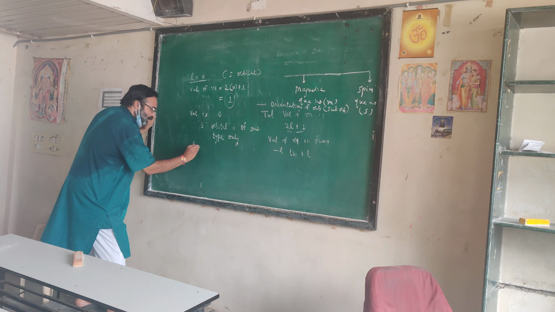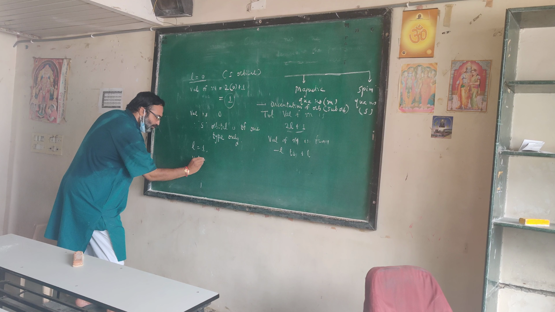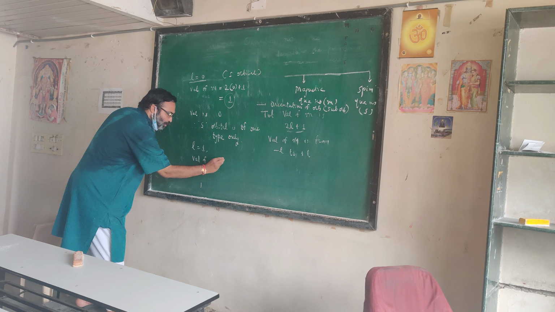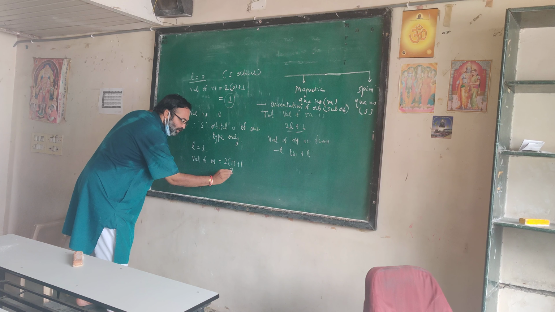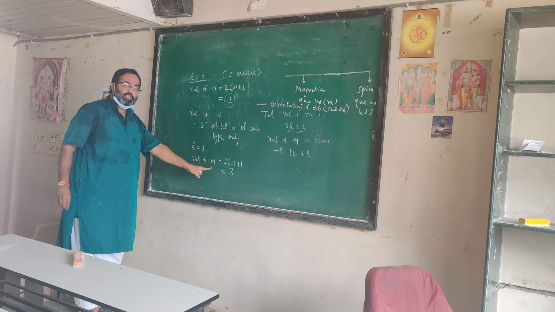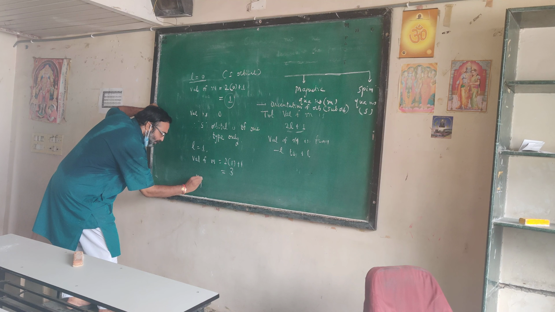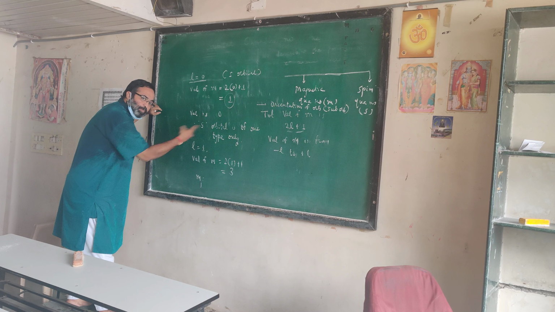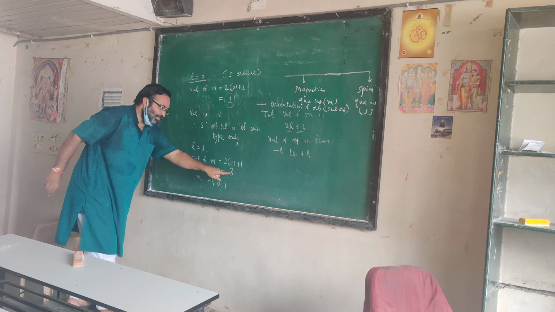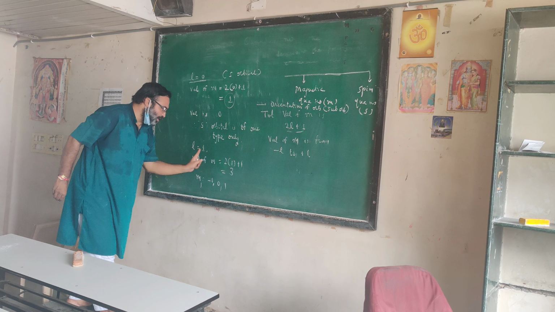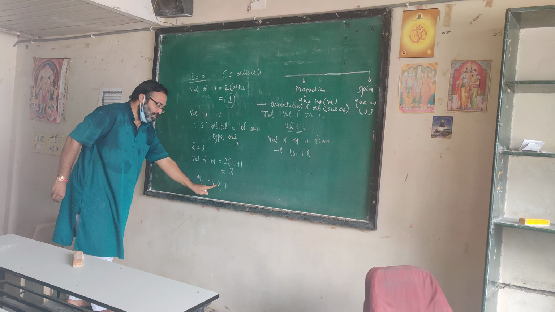If you take l equals 1, the value of m is 2 into 1 plus 1, that is 3. So m has a total of 3 values, from minus l to plus l: minus 1, 0 and 1.